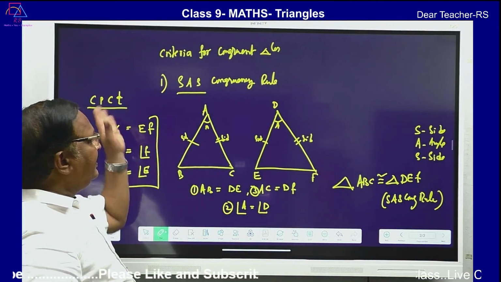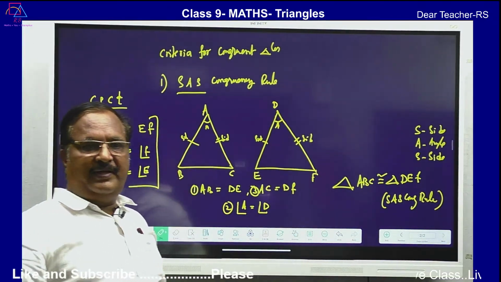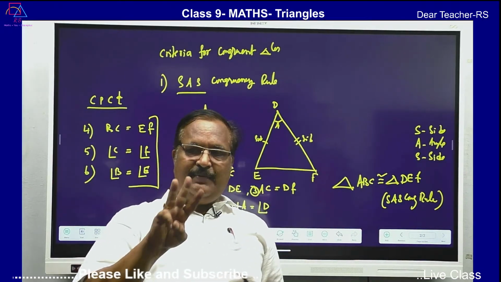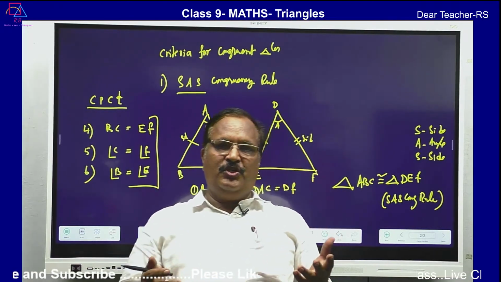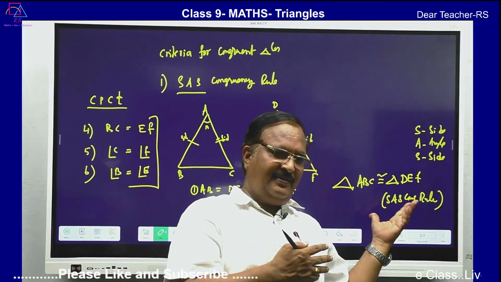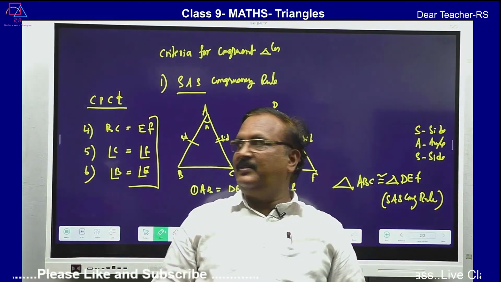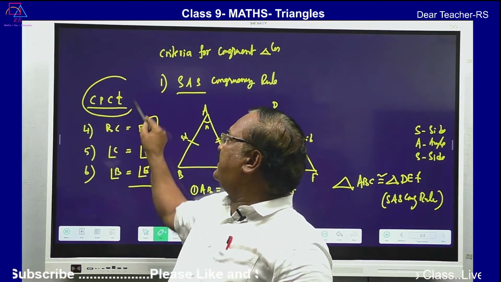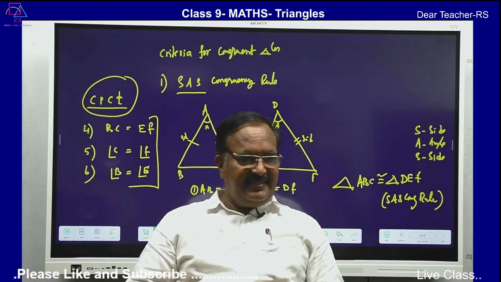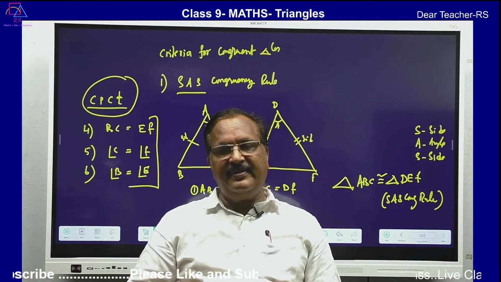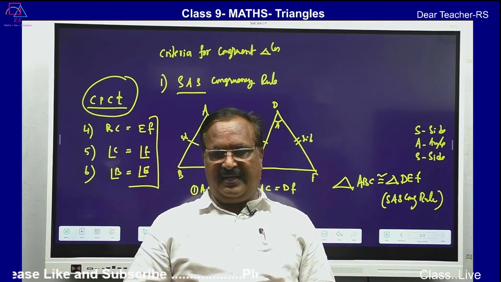So they are equal if these two are congruent. That means with three parts we are going to show two triangles congruent. So the remaining three parts are equal because they are congruent. For that we are using the word CPCT, corresponding parts of congruent triangles.